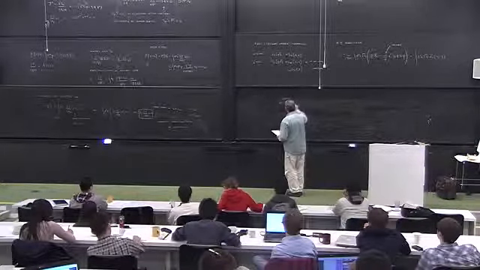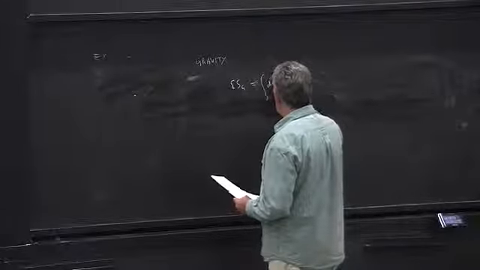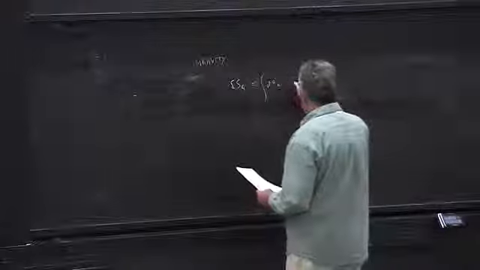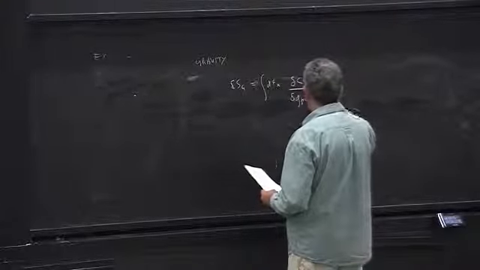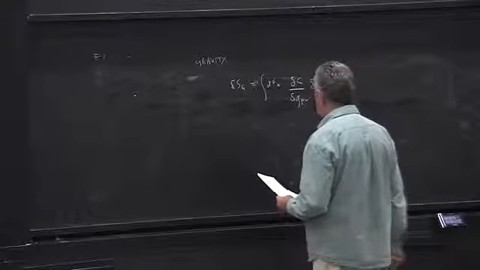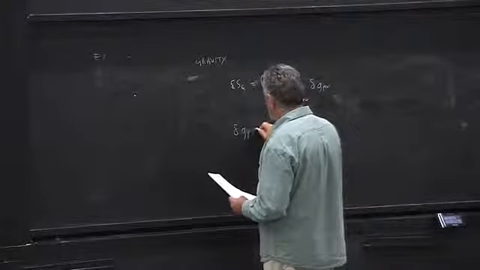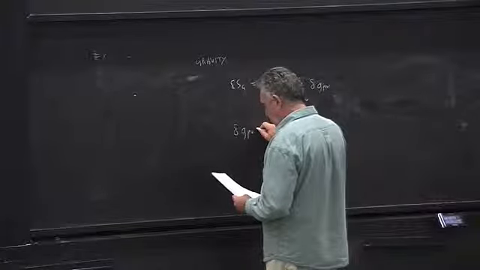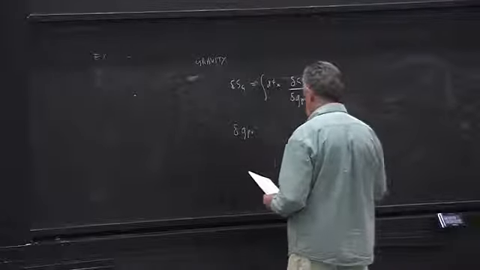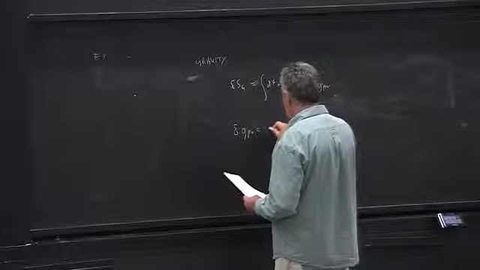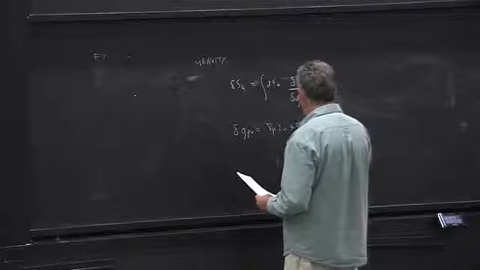Let's take the gravitational part of the action and consider a general coordinate transformation, grad mu epsilon nu plus grad nu epsilon mu.